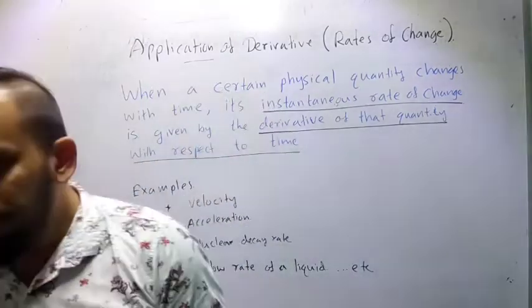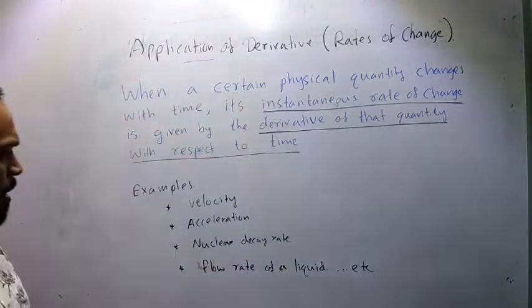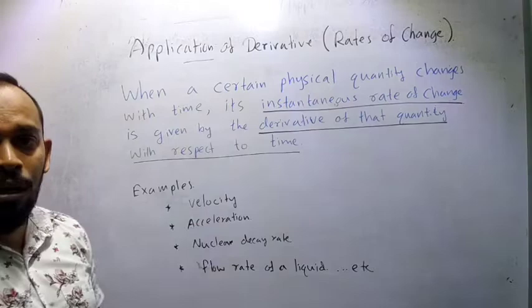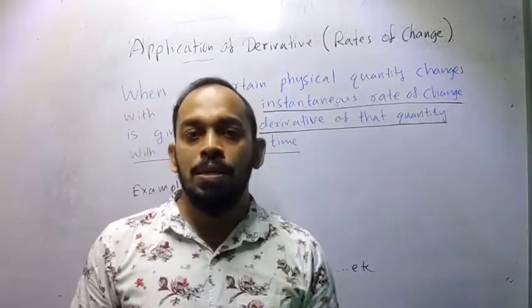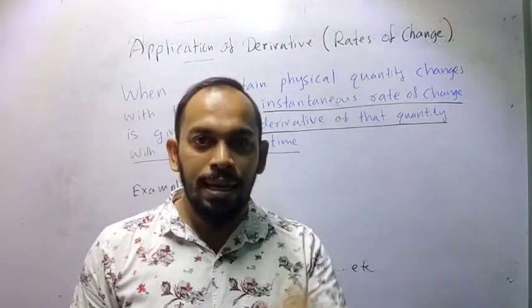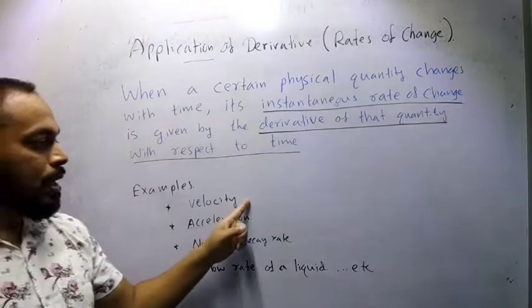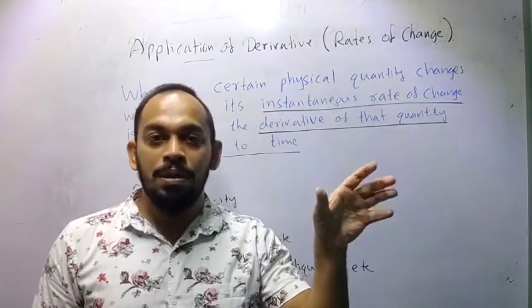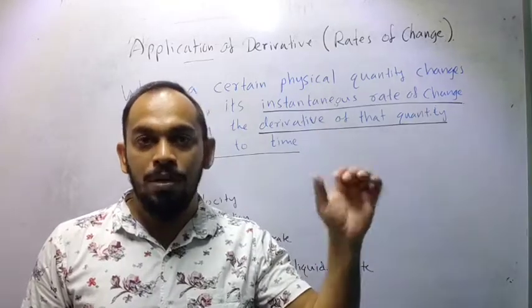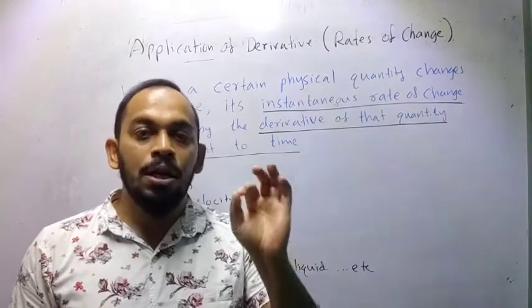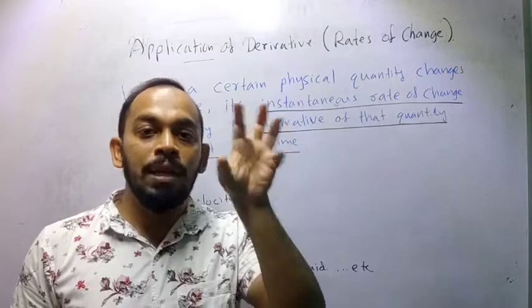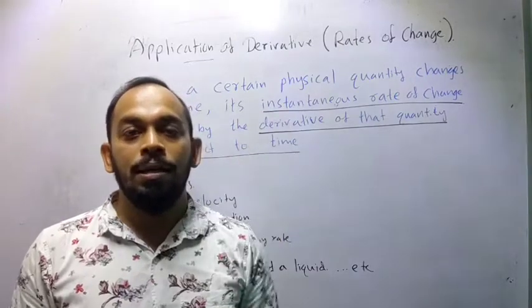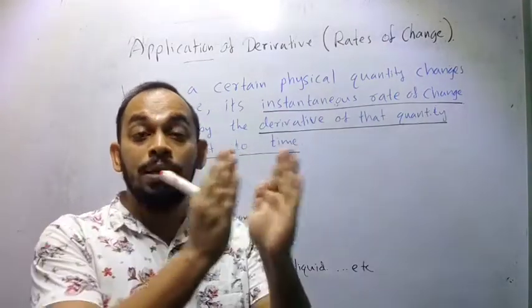So these are certain applications. For example, velocity. If you want to find the instantaneous velocity of a particle at that instant, you can take the derivative of displacement with respect to time, provided you know the relation between that quantity and time.